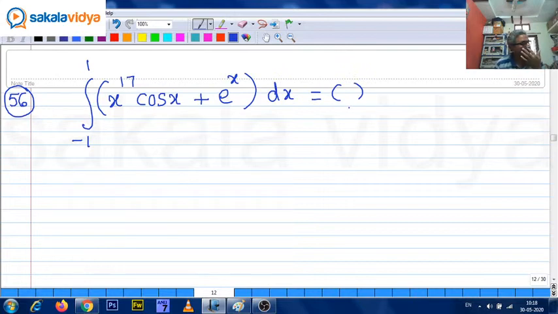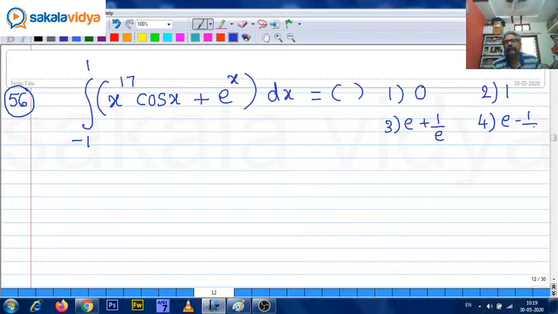First option 0, second option 1, third option e plus 1 by e, fourth option is e minus 1 by e.